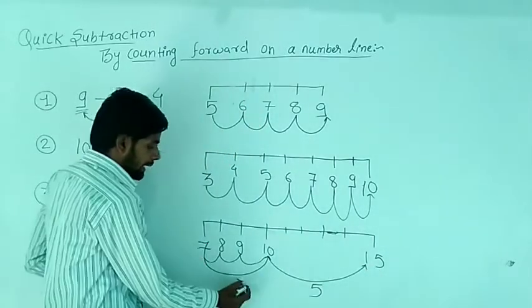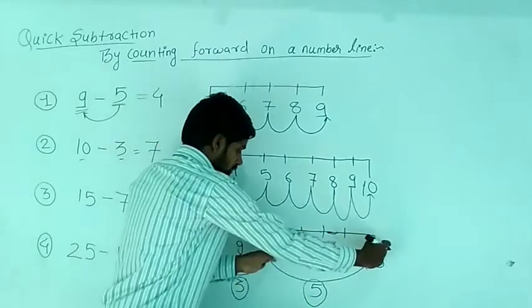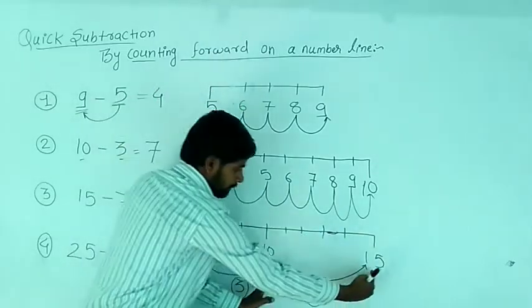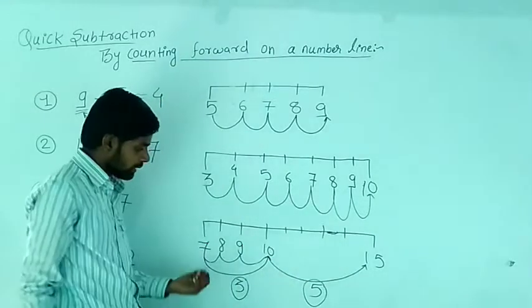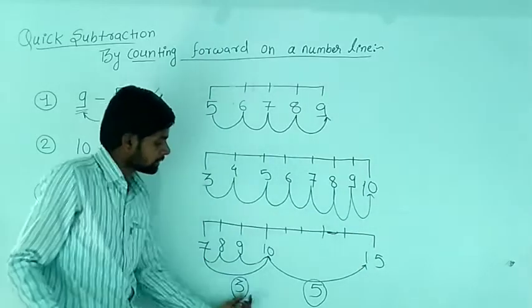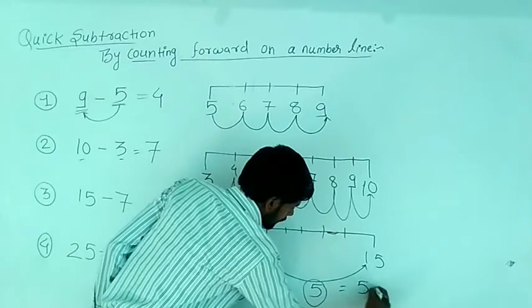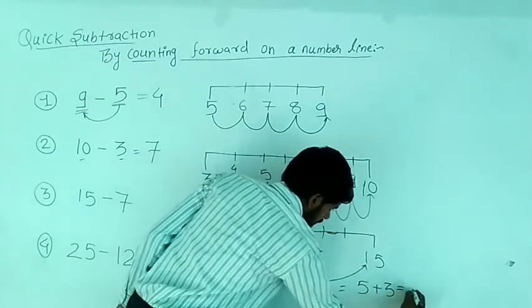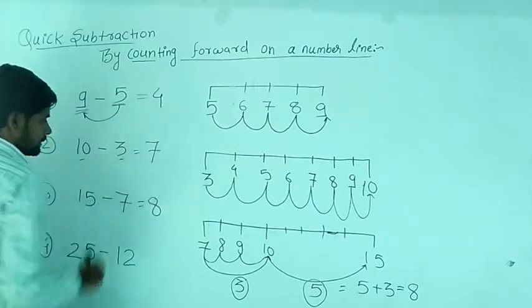So what we will do, we will add these two numbers. ठीक है, when you will add this, we will get the overall difference. Okay, overall difference हमको मिल जाएगा. So 5 and 3. So we will add 5 plus 3. It will be 8.